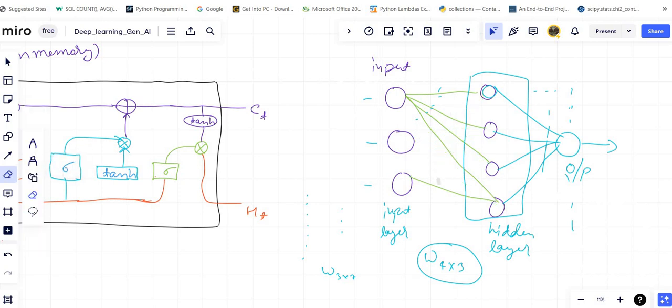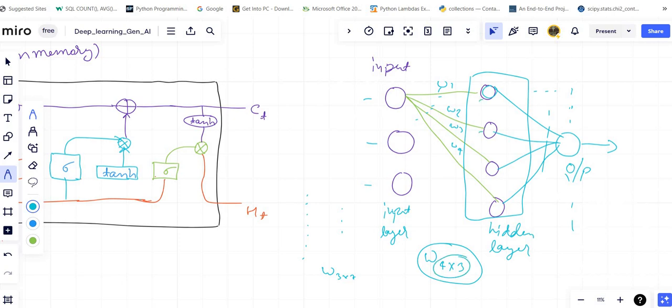If I remove this, you can see this is weight 1, weight 2, weight 3, weight 4, and the same way 4 weights for each connection. So a total of 4 into 3 is 12.